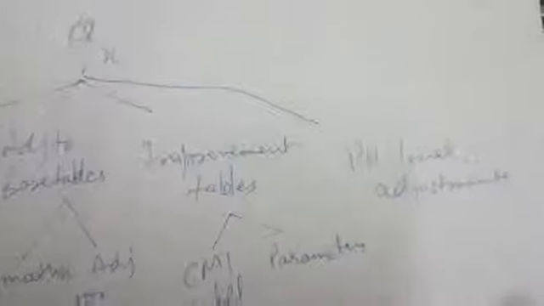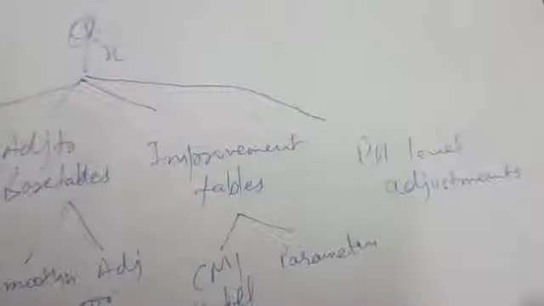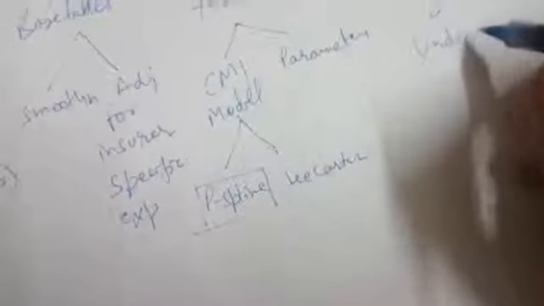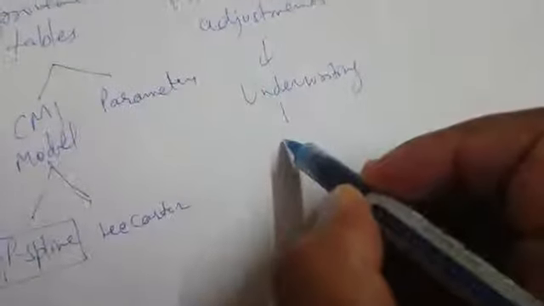Now coming to the last adjustment in QX. The last adjustment to QX is the policyholder level adjustment. That is, the information which is obtained from the underwriting process is incorporated under QX. Underwriting information includes whether the policyholder is a smoker or non-smoker. A smoker may have lesser life expectancy.